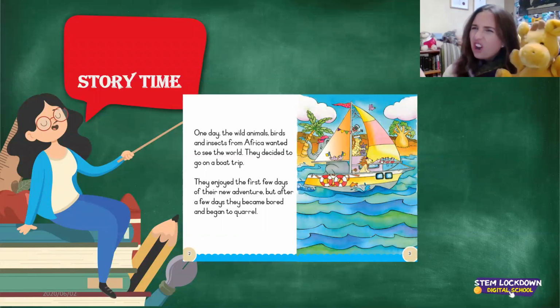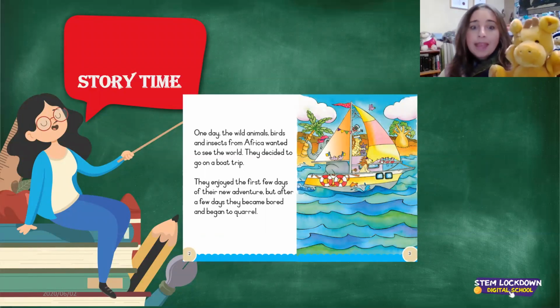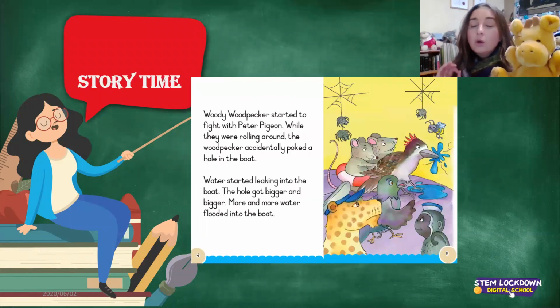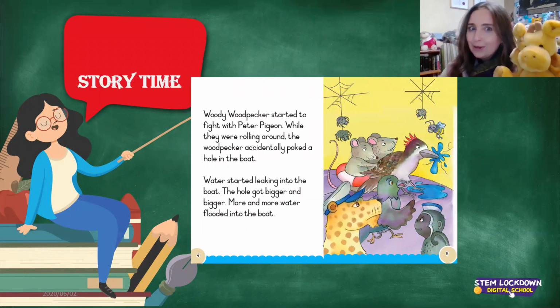Oh, bored. Are you ever bored? And began to squirrel. Woody Woodpecker started to fight with Peter Pigeon. While they were rolling around, the woodpecker accidentally poked a hole in the boat. Oh no! Water started leaking into the boat.